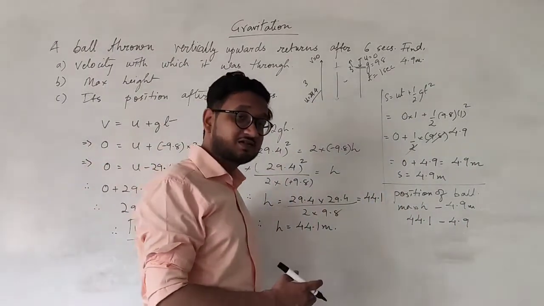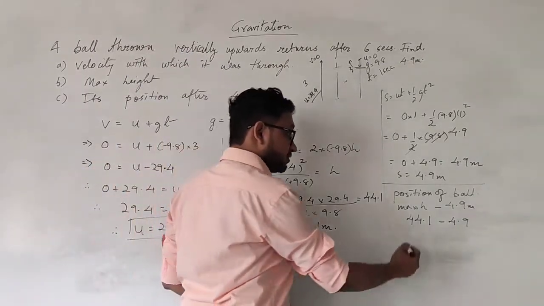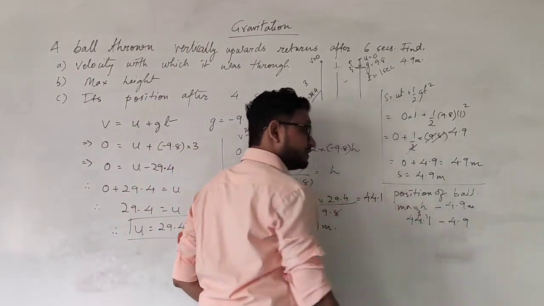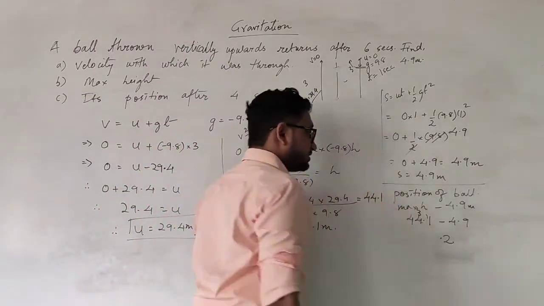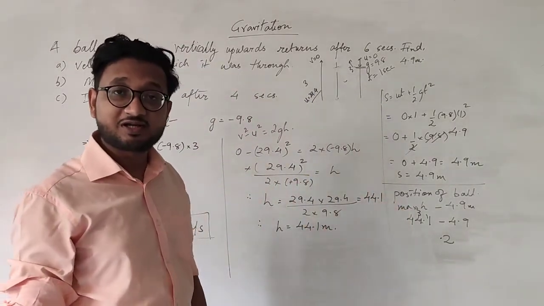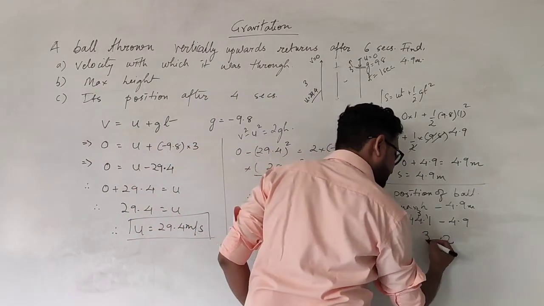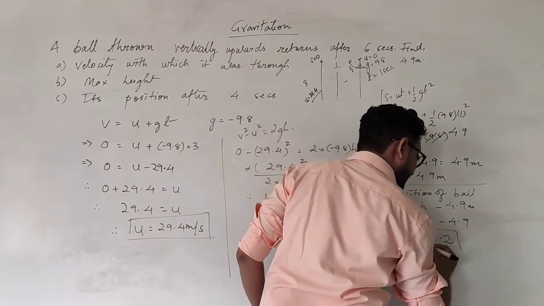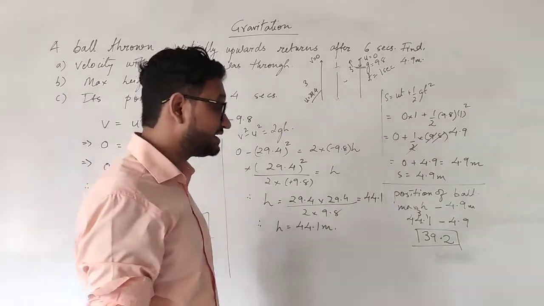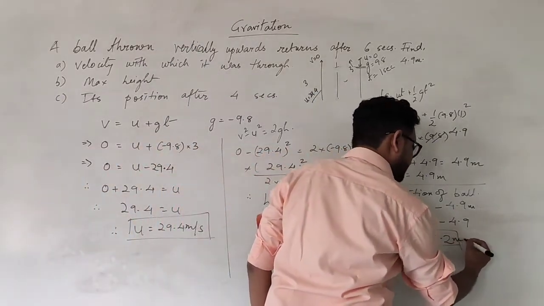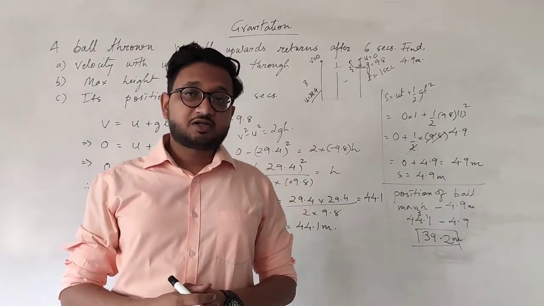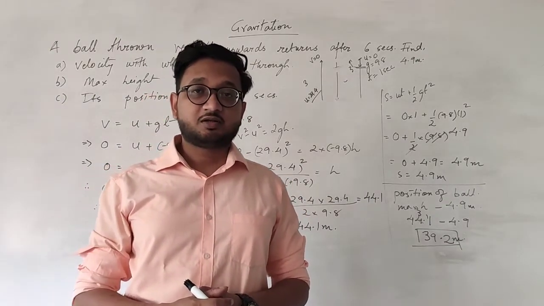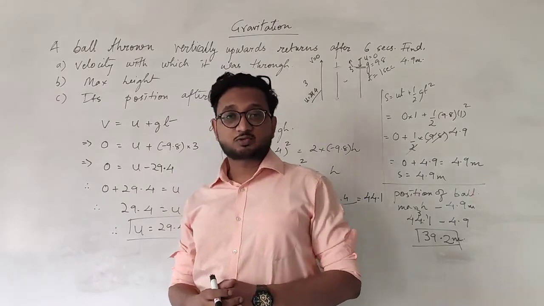When you subtract this, you will get the answer over here: 11 minus 9 is 2, decimal point, 43 minus 4 is 39. So the height that it will have after 4 seconds is 39.2 meters. I hope it is clear to you, students. Okay? Let's move on to the next question.